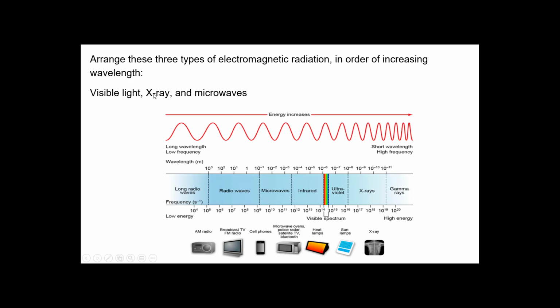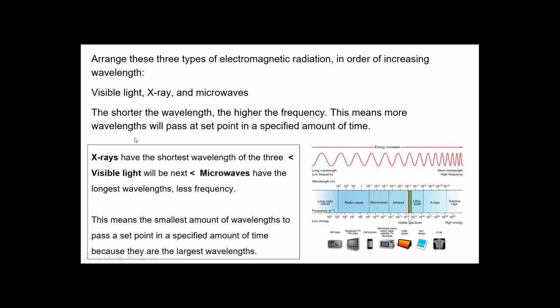So we have visible, which is here. We have X-ray, which is here, and we have microwaves. So this is an order of increasing wavelength. So this is from small wavelength to big wavelength is what it's actually asking for. So let's take a look at what we have. X-rays have the shortest wavelength of the three. So it's going to be the first one you put with the little arrow.